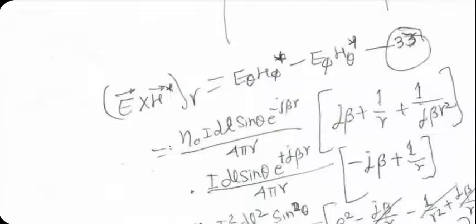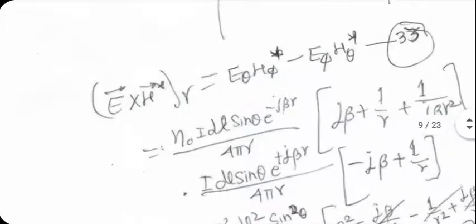That's what I'm trying to do here. You can go back to the formulas that are available in the document, somewhere in the middle, and double check that I have in fact done the conjugation in this derivation. You see that instead of j beta, I'm having minus j beta in the second bracket because of the conjugation. 1 upon r is of course real, so conjugation doesn't matter.